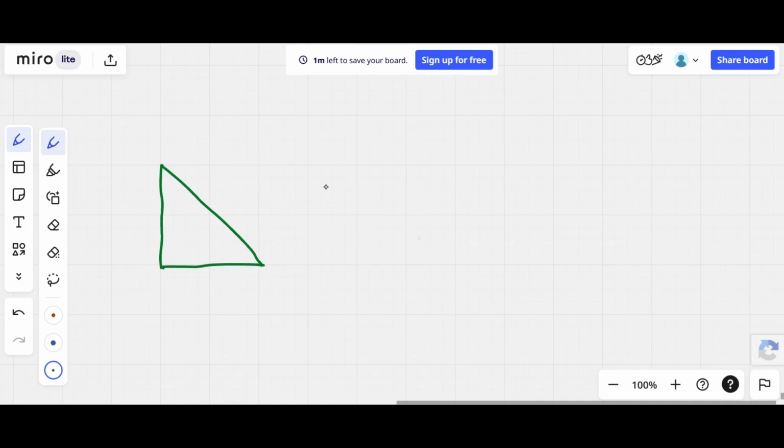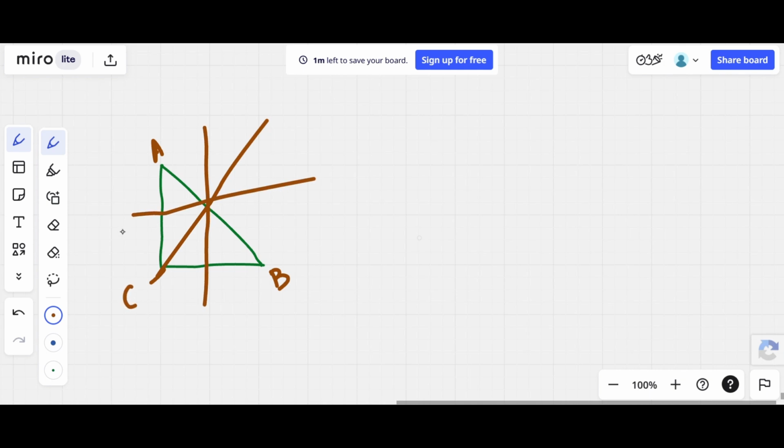So let us see what is happening in the right angle triangle. First, I'm going to draw the perpendicular bisector of AB. It will be here, like this. Okay, and the perpendicular bisector of BC and the perpendicular bisector of AC. See, the point is on the hypotenuse.